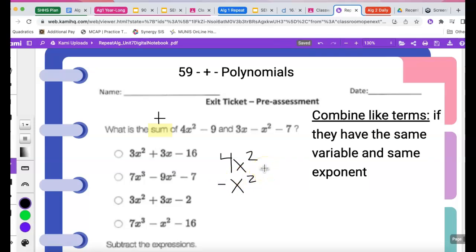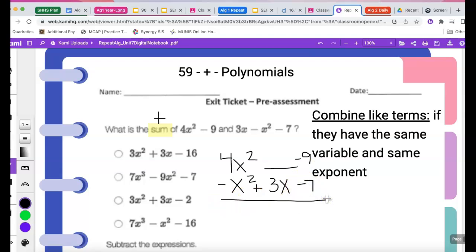We're missing a middle term with an x, so we line up the positive 3x under that. Then we have negative 9, and we line up the negative 7 underneath that.